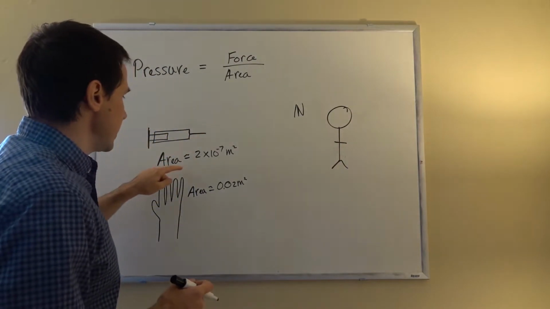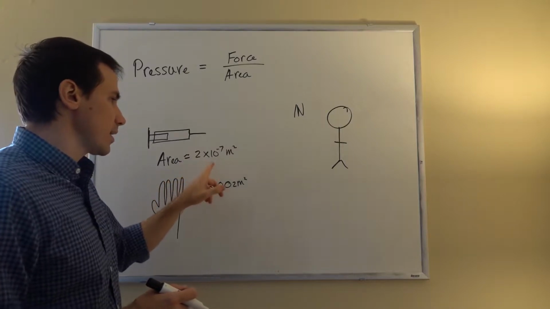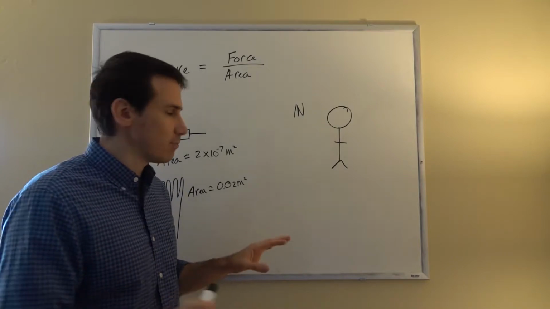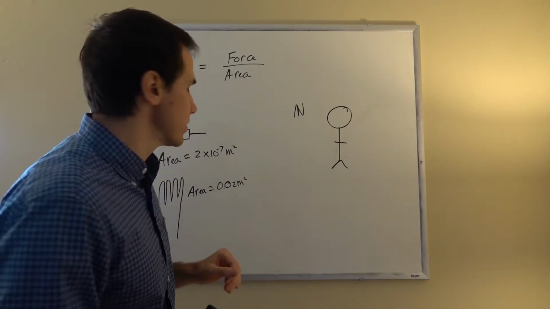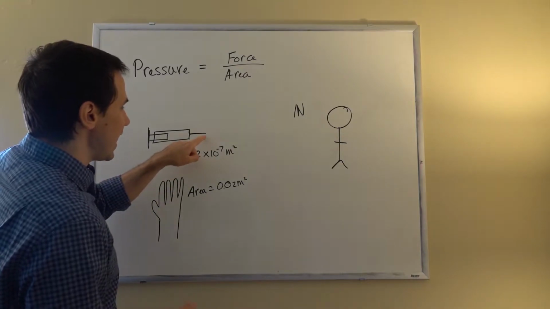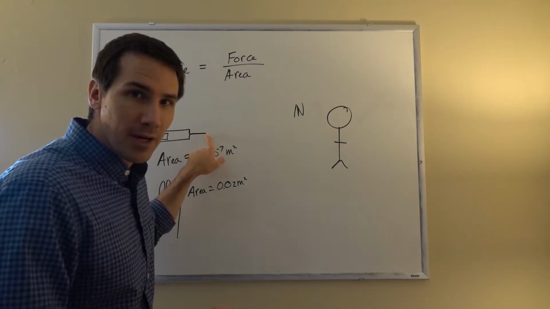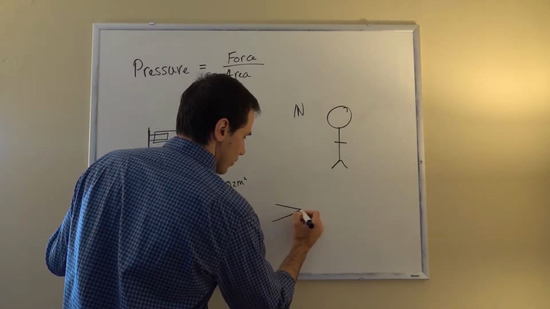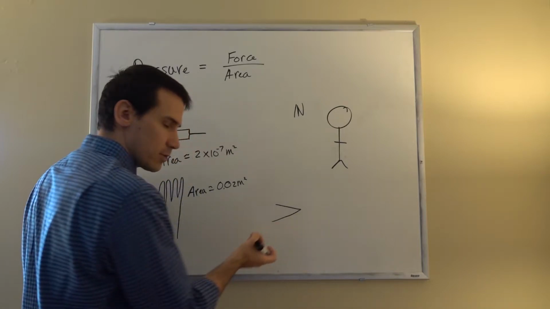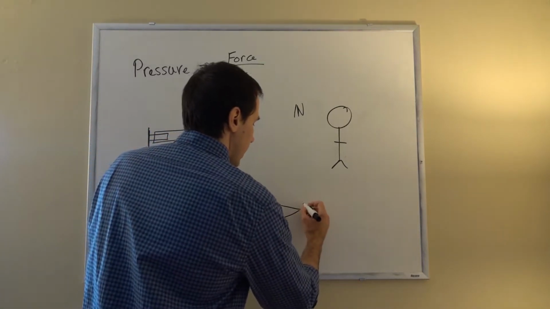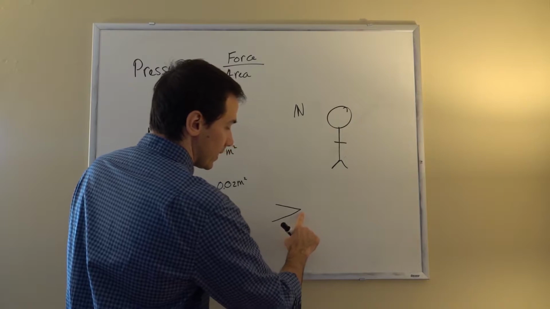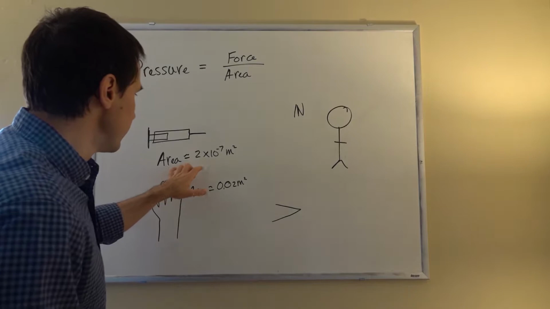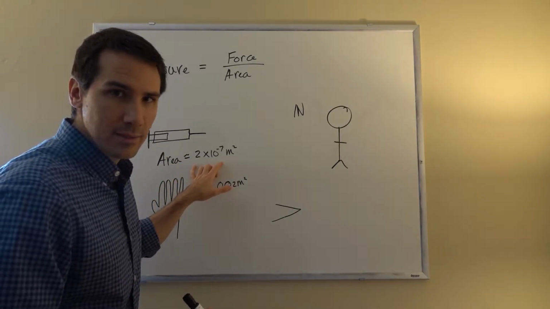The needle has an area at the end of about 2 × 10⁻⁷ meters squared. This varies a lot depending on what kind of needle you have, but a needle could have this surface area. That is the area of the very, very tip of the needle. You can think of the needle, and this is not a great picture of a needle, but it comes to a point at the end and there is some surface area.